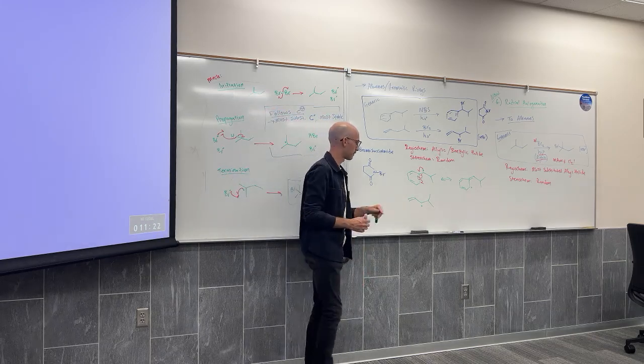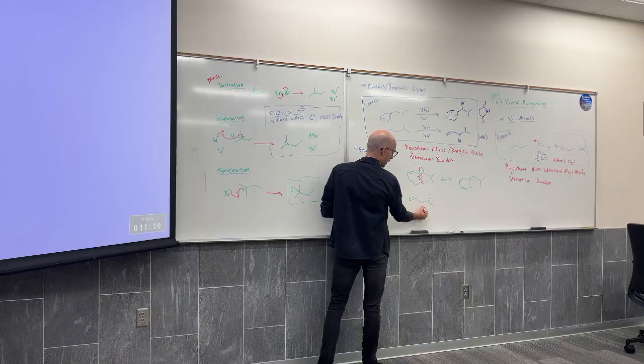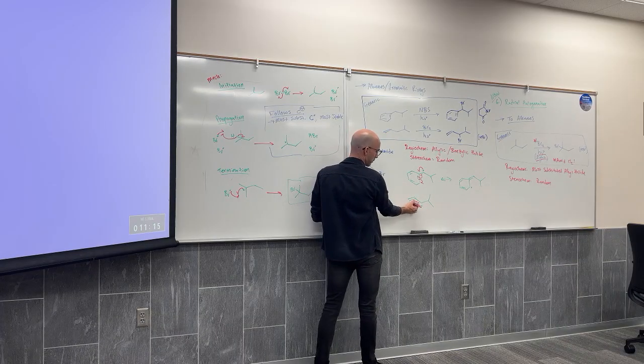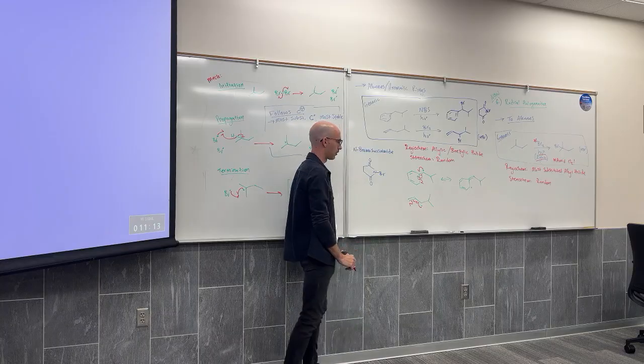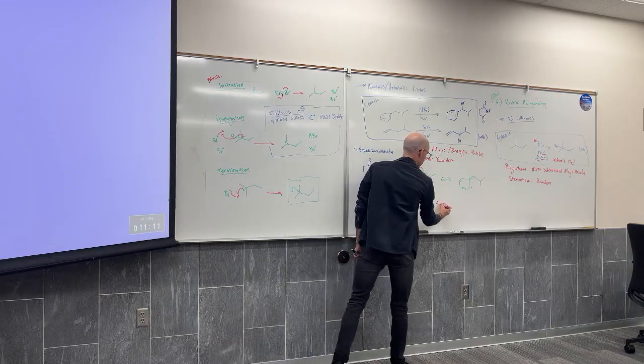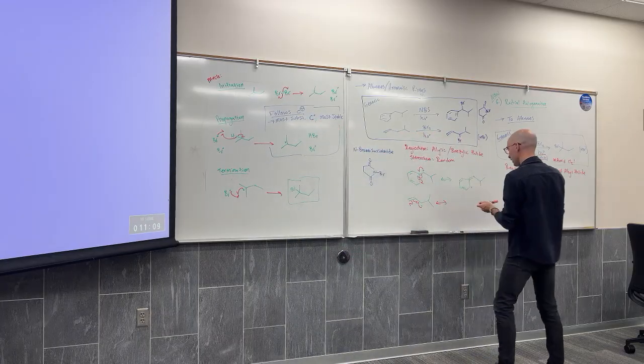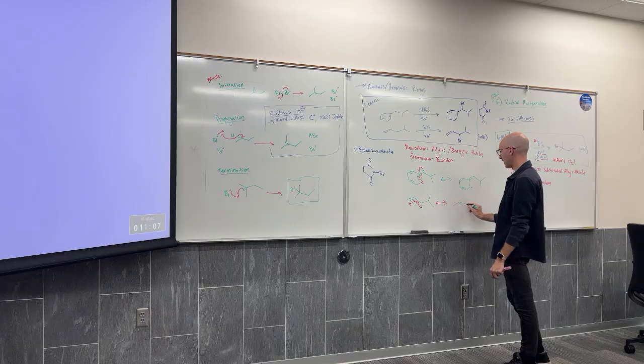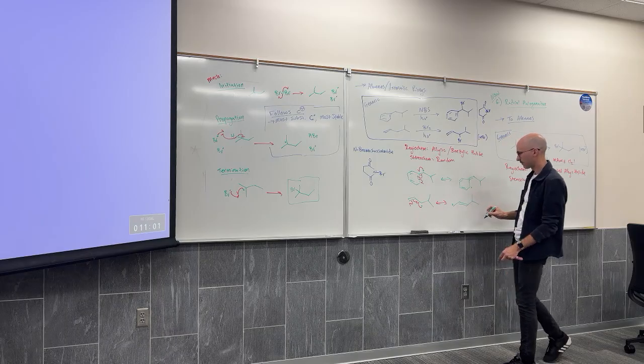What about here? This radical comes in, this radical comes in, a new pi bond is made, this radical comes out. So my resonance form in my allylic compound looks like this.